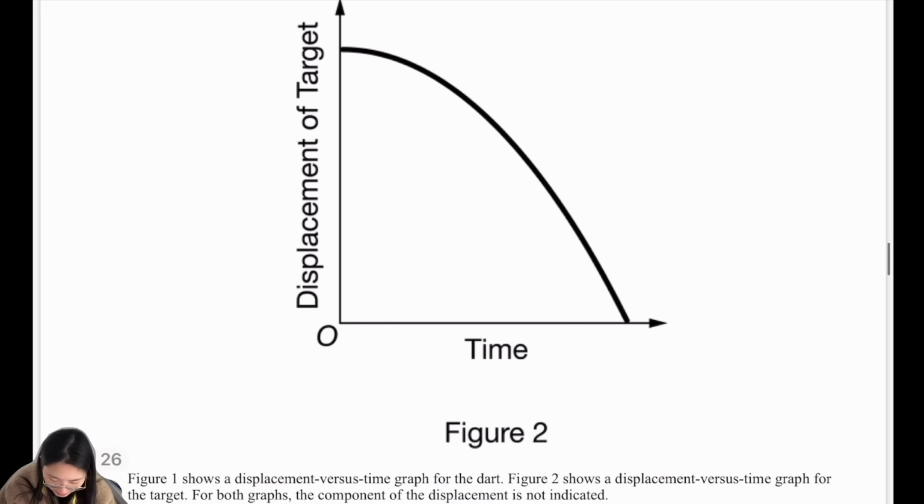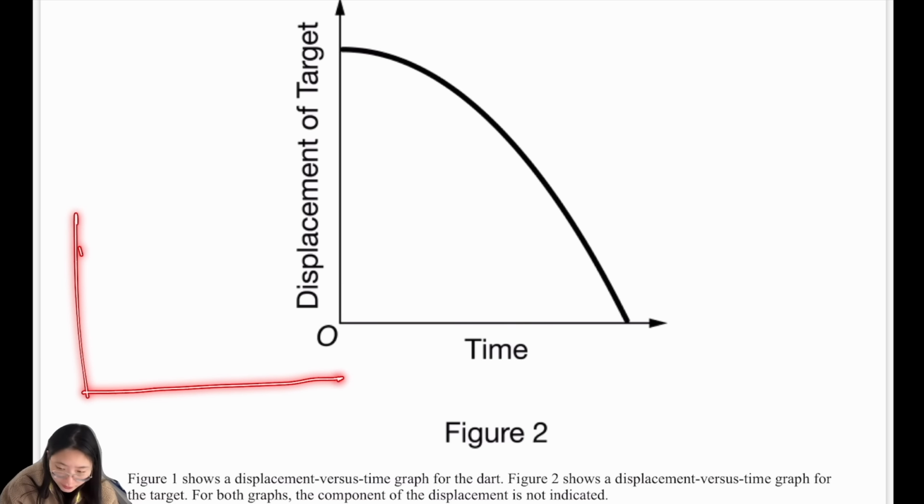On the other hand, its vertical component is gradually increasing, but at a decreasing rate due to the acceleration pointing downward.